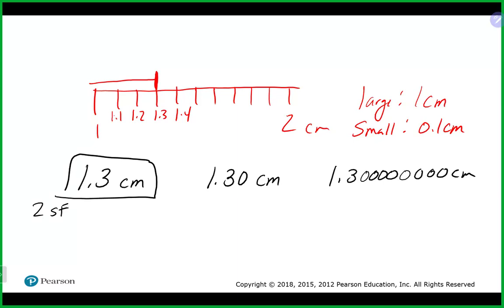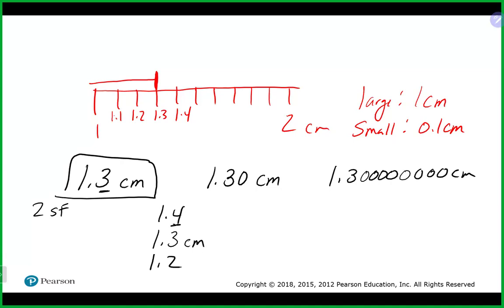What is the uncertain number in this one? It is the 3, or the estimated digit, right? So when we record it as 1.3 in this case, we are recording only 2 significant figures on this particular scale. And what we are saying is, for example, I think it's 1.3 centimeters, but maybe it's 1.4, and maybe it's a little less. It's somewhere in there, right?